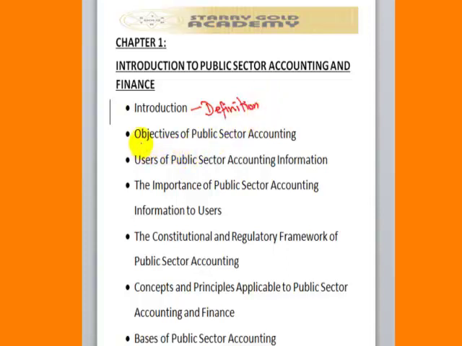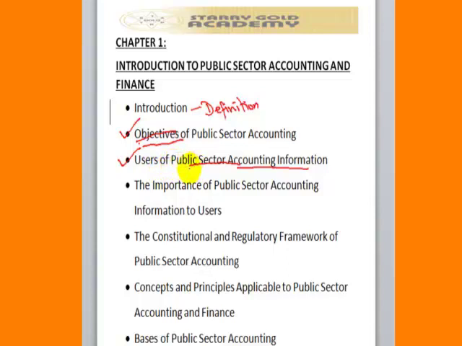After this, we'll look at the objectives of public sector accounting, and also the users of public sector accounting information.